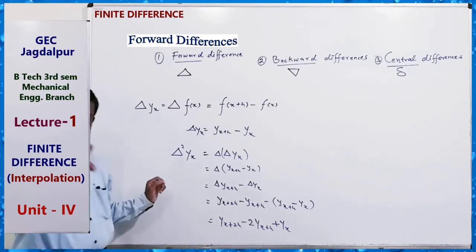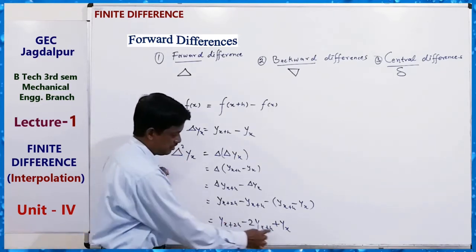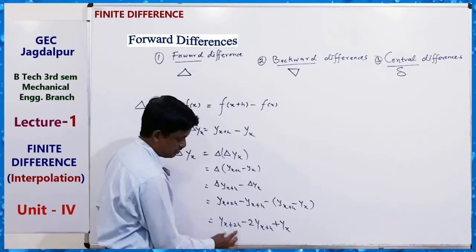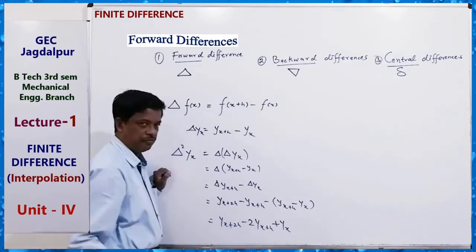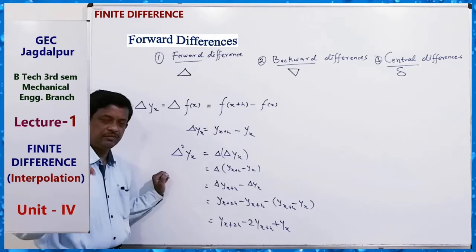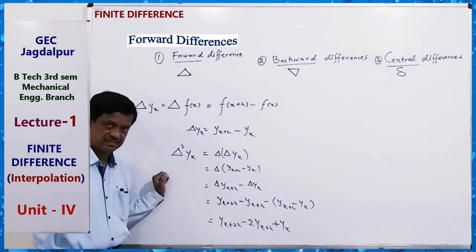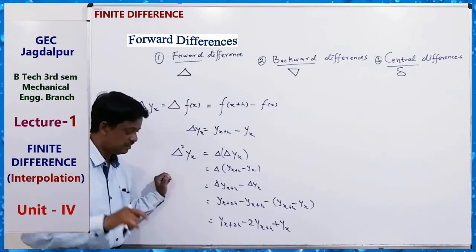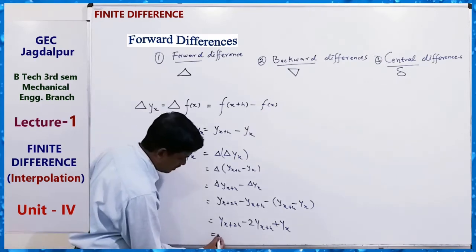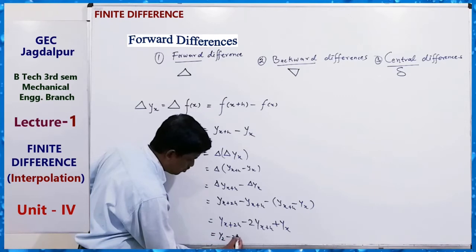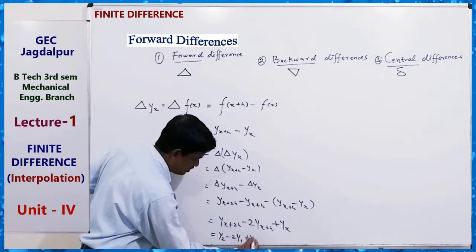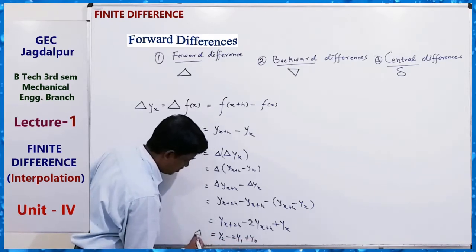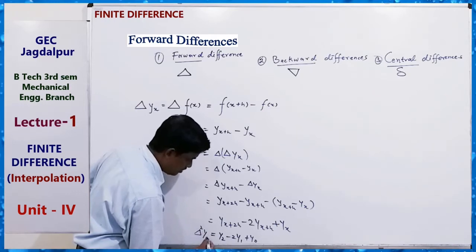Here we can see the second order difference of y(x), y(x+h), y(x+2h). If we use the notation with the number of steps of h, we can write del 2 y0 equals y2 minus 2 y1 plus y0.